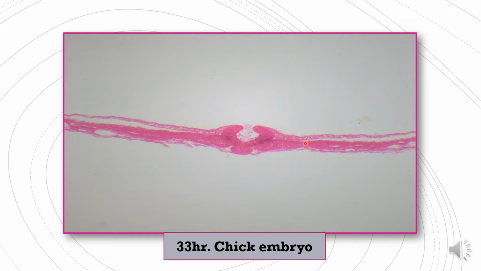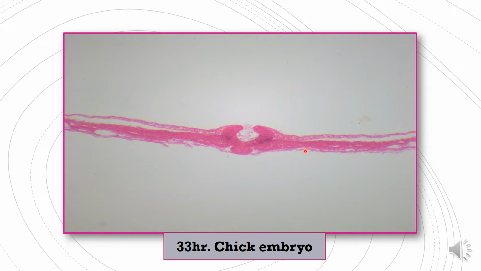Also in these sections you can see the mesoderm is divided into three parts. The part surrounding the neural fold and notochord is called the paraxial mesoderm. The paraxial mesoderm forms the somites.